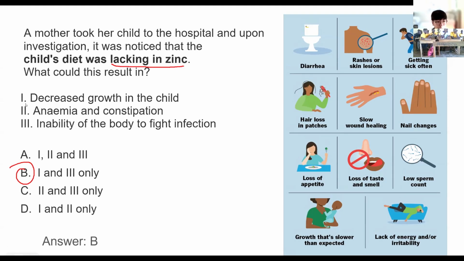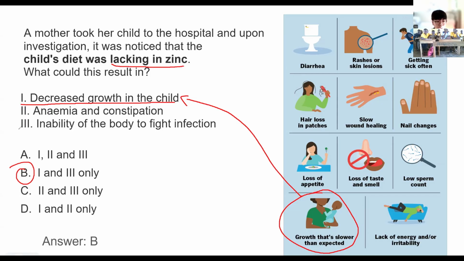So 1 says decreased growth in the child, and yes, that's true. You can see here growth that's slower than expected. Can everyone see that? All of these are symptoms of lacking in zinc.